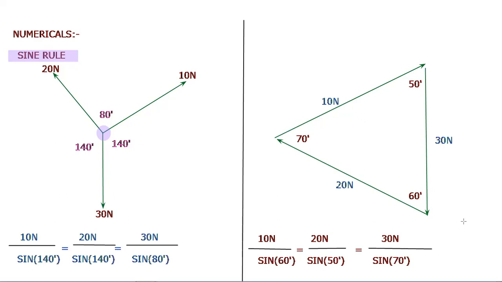These expressions can be used to solve the numerical. Sometimes this sine rule is also used to get the numerical solved quickly. If in the exam you have multiple choice questions, this sine rule can be very useful to you.